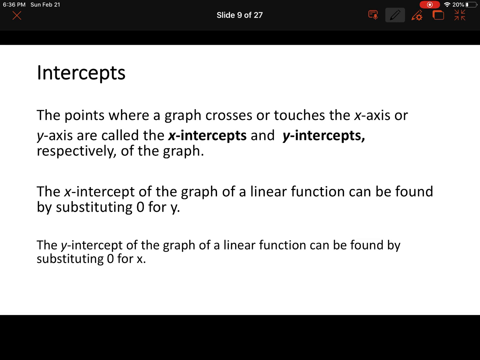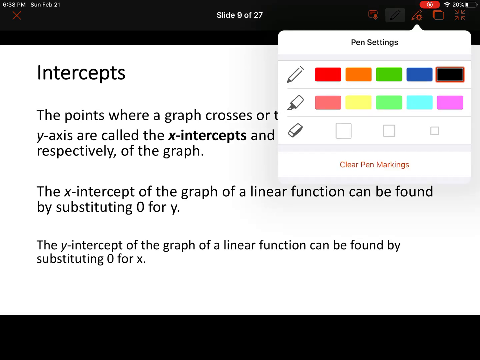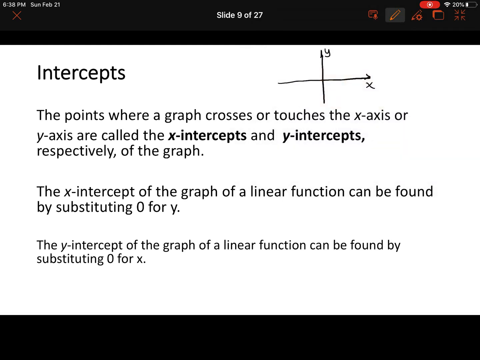All right, the points where a graph crosses or touches the axis are called intercepts. Let's draw a quick little layout here. X-axis is your horizontal axis. We have our y-axis. And then let's say we have a little graph.